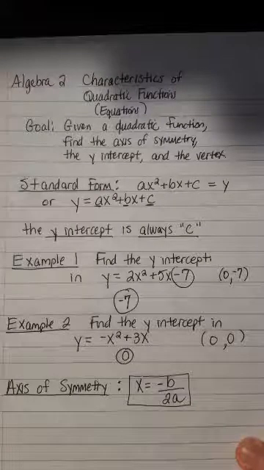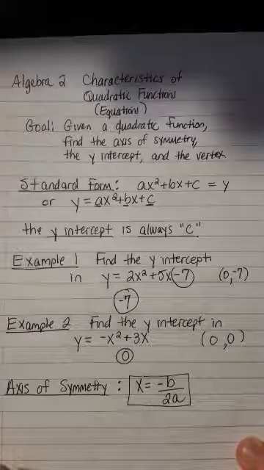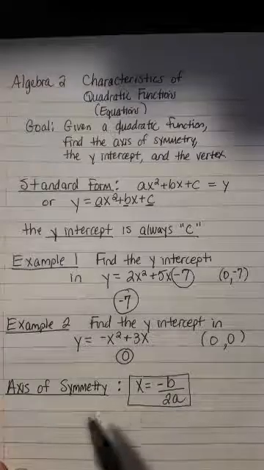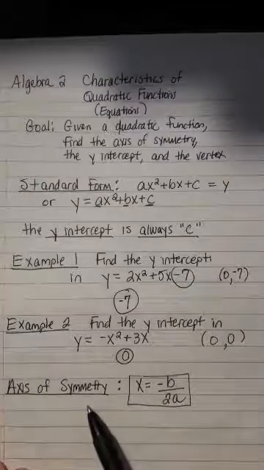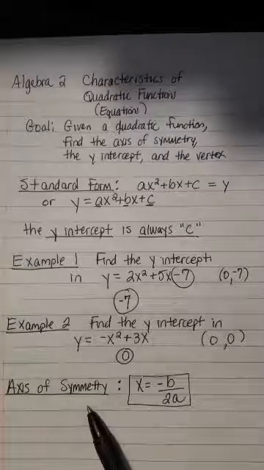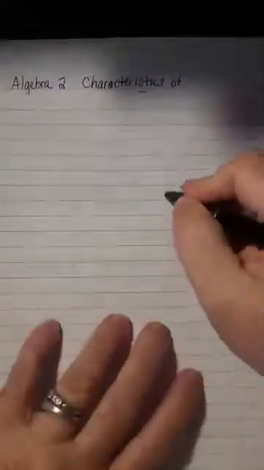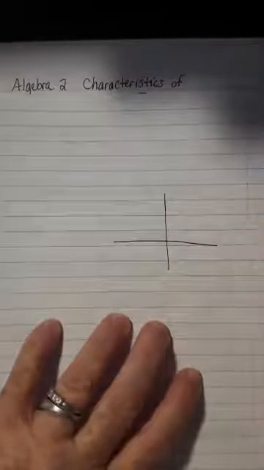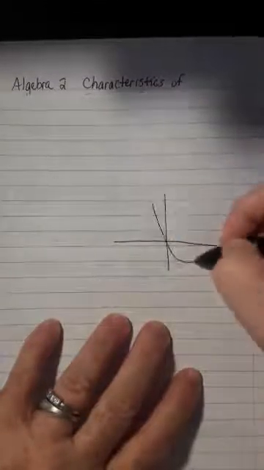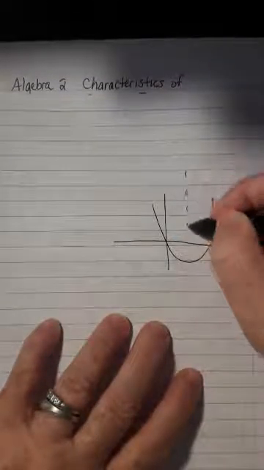Next thing it's going to ask you is about the axis of symmetry. Now remember, on a parabola, the axis of symmetry, we discussed this when we were doing the graphs the other day. If you have a parabola, the axis of symmetry is that vertical line that cuts it into two mirror images.